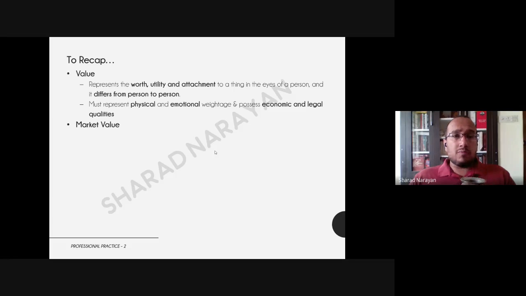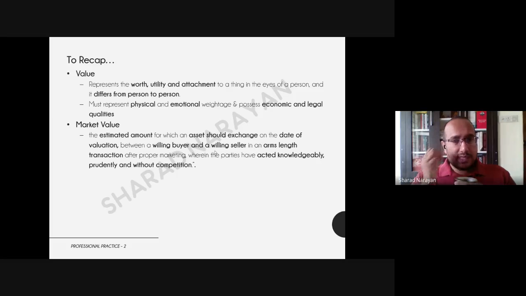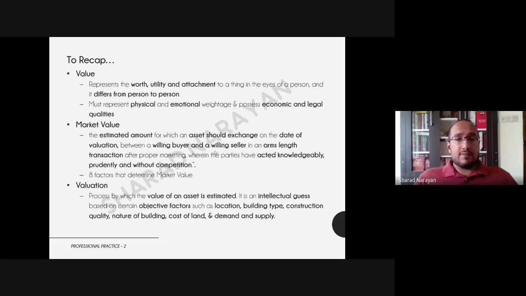Then we moved on from value to market value, which is basically the estimated amount for which an asset should exchange on the date of valuation. Again, this is the definition that we talked about in terms of market value. Correct? Then we looked at the 8 factors which determine market value. Then we moved on to the idea of valuation itself. So we talked about it as a process by which the value of an asset is estimated.